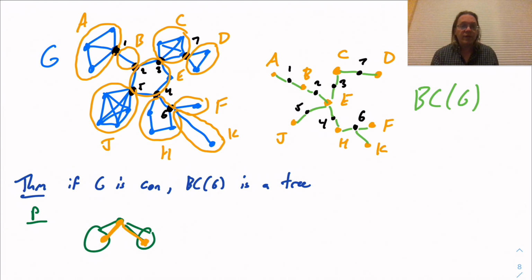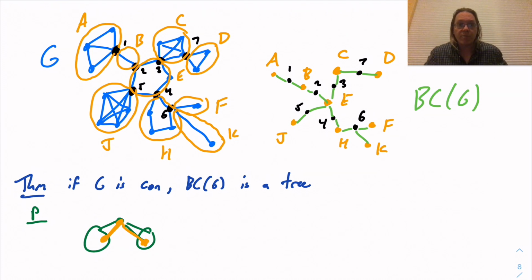So this means that every cut vertex is going to be adjacent to a block, and it's very easy to see that for any two blocks in my block cut point graph, you can walk from one to the other in the block cut point graph. Why? Well, if I give you two blocks, just choose vertices from those two. My original graph is connected, so I have a path that goes through.